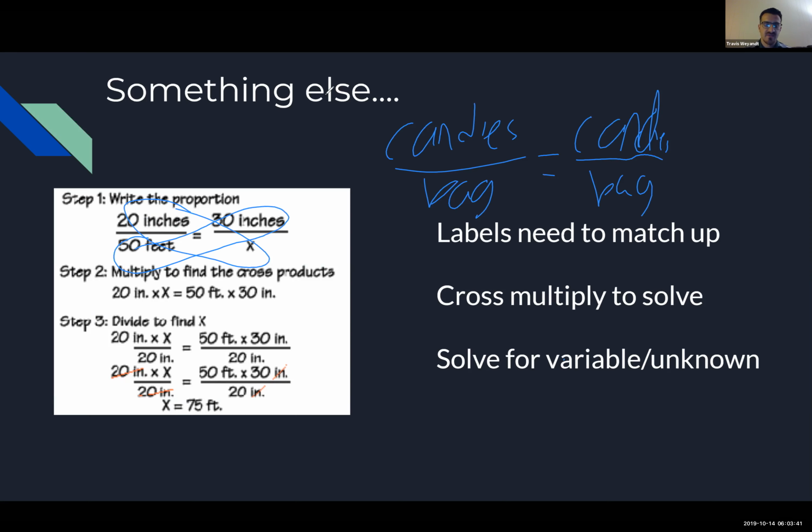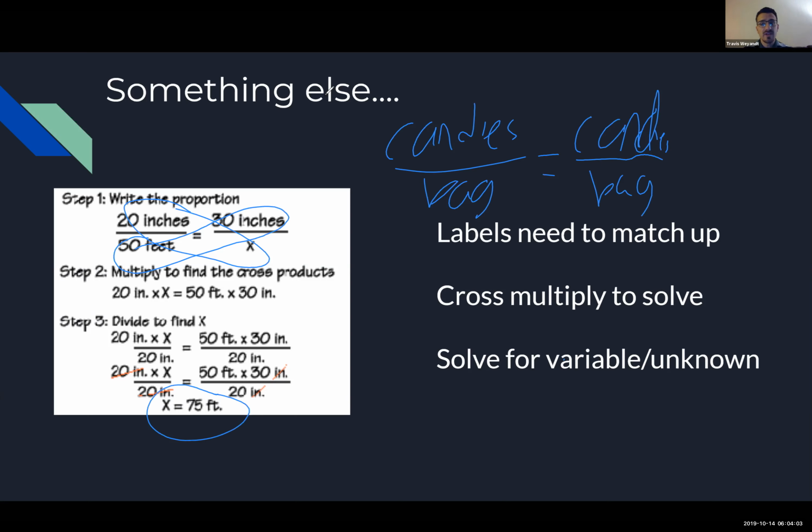In this case, if we were dealing with inches and feet and we have 30 inches, we want to know how many feet that would be, and what we can use is this idea of proportion. So we cross multiply and then we solve for the variable or the unknown like we usually do. And in this case, we get the final answer of 75 feet.